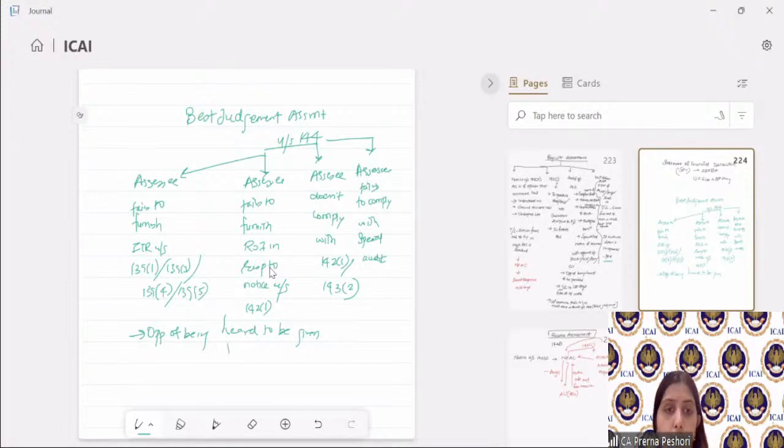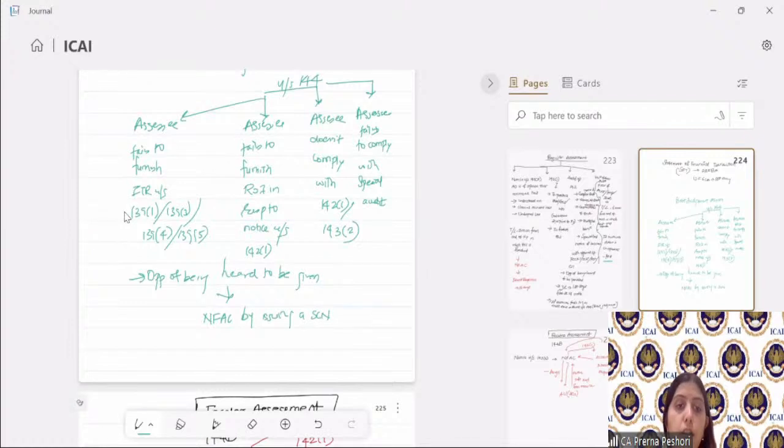So even that will be done by NFAC by issuing a show cause notice. And the assessee will file a response to this. Is that clear? The assessee has to file the response to this.